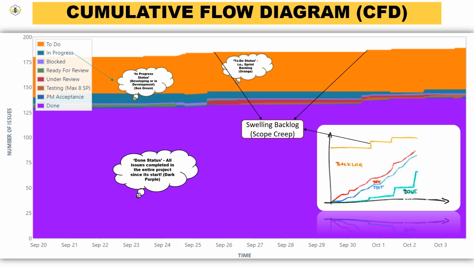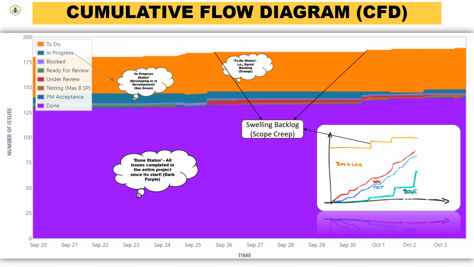Now let's talk about managing scope changes. Have you ever seen the top of your backlog band in the CFD suddenly shoot up? This is a clear sign of scope creep. New work is being added faster than your team can handle. New work is always added for teams, especially in an Agile environment, but you want to keep a tab and watch for it.